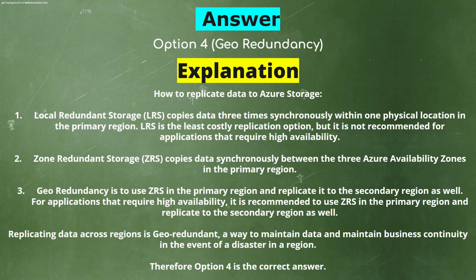Number 3. Geo redundancy is to use ZRS in the primary region and replicate it to the secondary region as well. For applications that require high availability, it is recommended to use ZRS in the primary region and replicate to the secondary region as well. Replicating data across regions is geo-redundant, a way to maintain data and business continuity in the event of a disaster in a region. Therefore, option 4 is the correct answer.